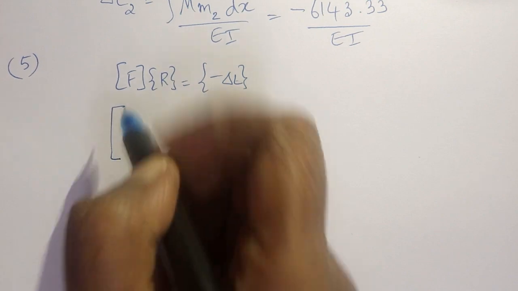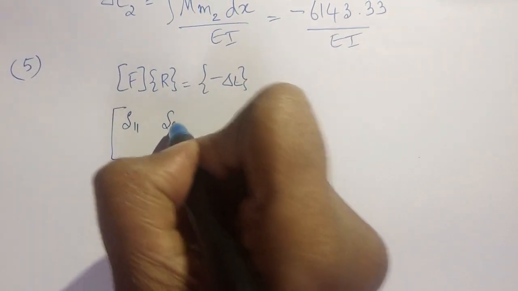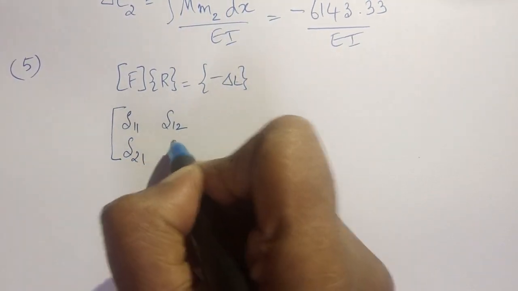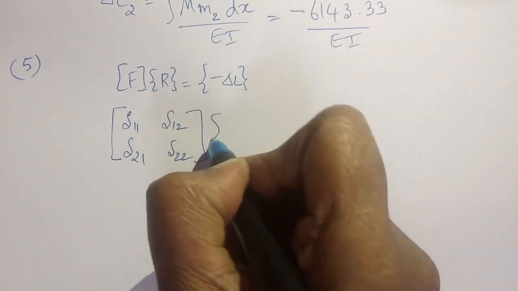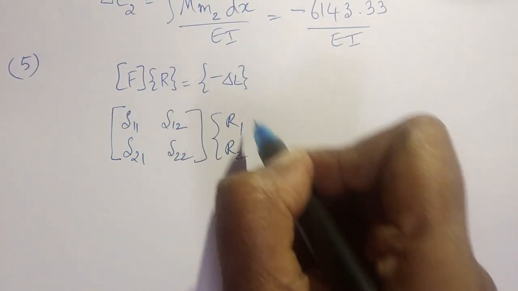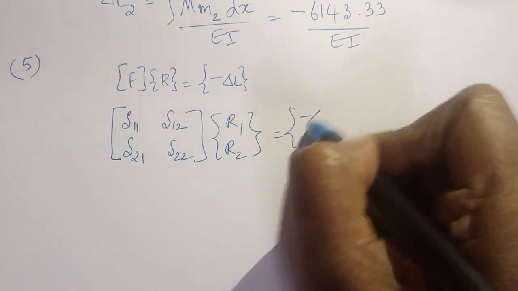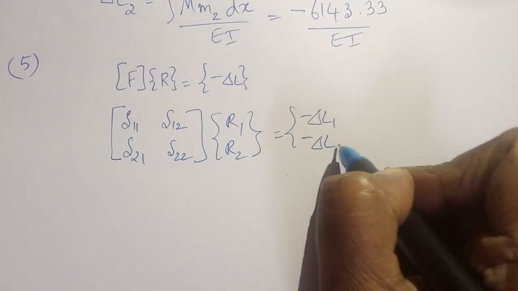That is delta 11, delta 12, delta 21, delta 22 into R1, R2 is equal to minus delta L1, minus delta L2.